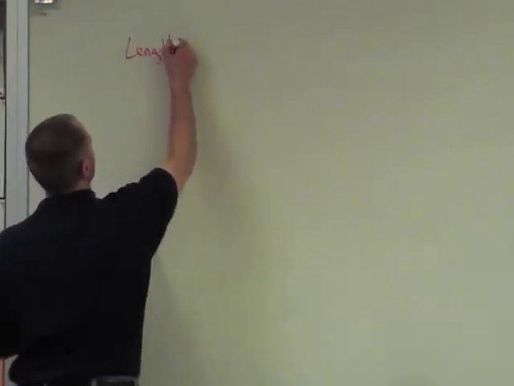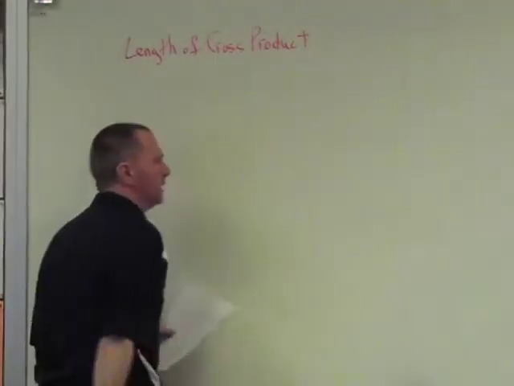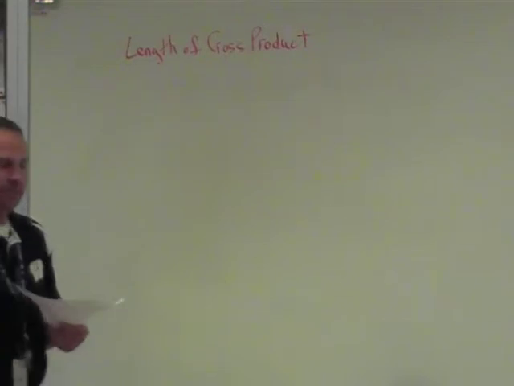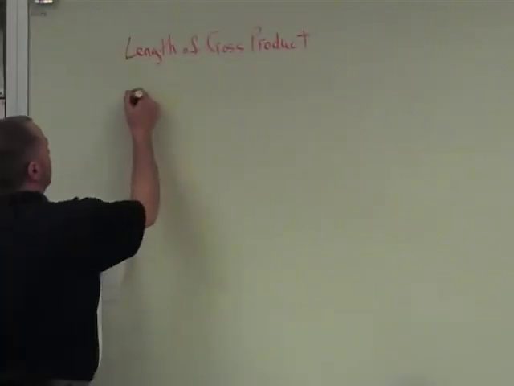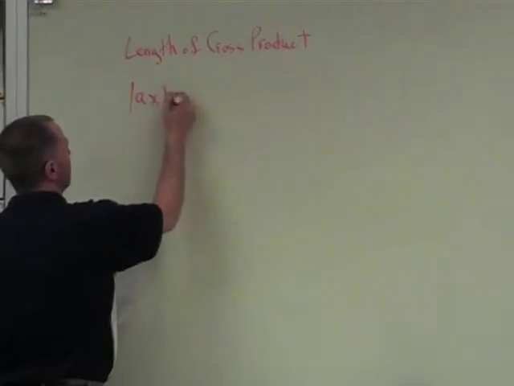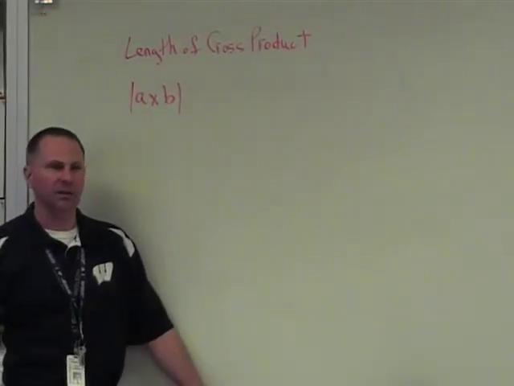Length of cross product. So the cross product is a vector. We don't know the length of that. Basically, it's the magnitude of the cross product. If you think about what the magnitude is, that's giving you the length of a vector.